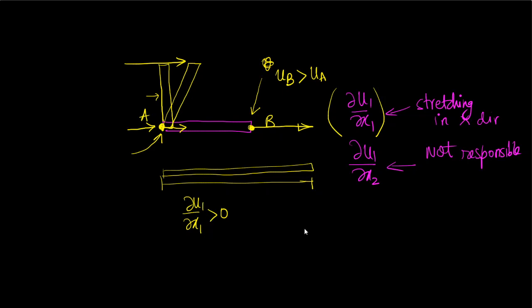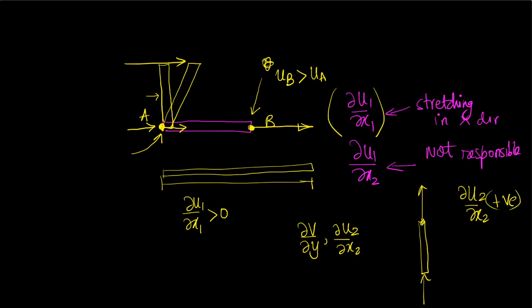Similarly, del v del y or del u2 del x2 is like the differential in velocity between this point and this point. If del u2 del x2 is positive, it means that the v velocity, or the velocity in the y direction, for point B is going to be larger than the y velocity for point A, and hence this entire length AB will stretch.